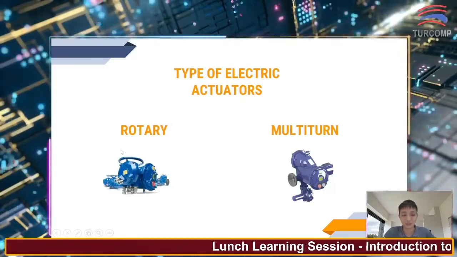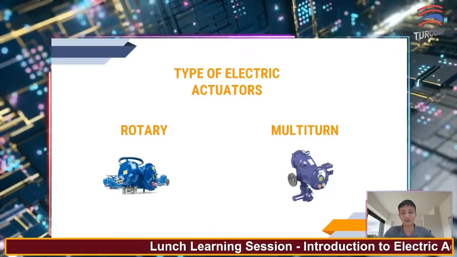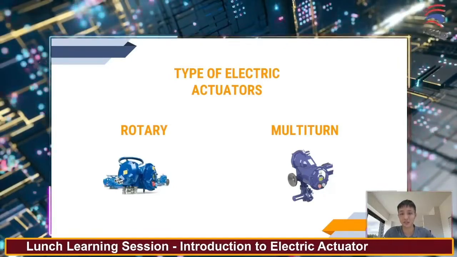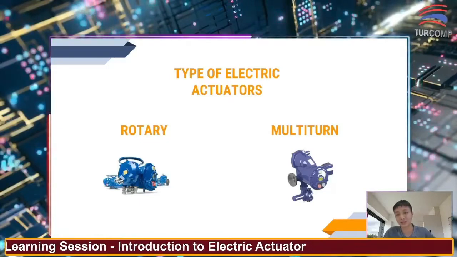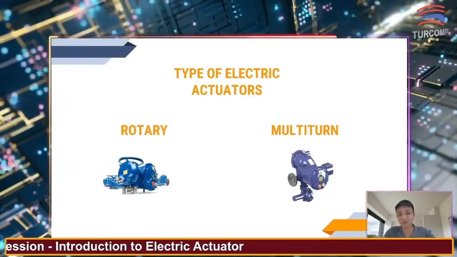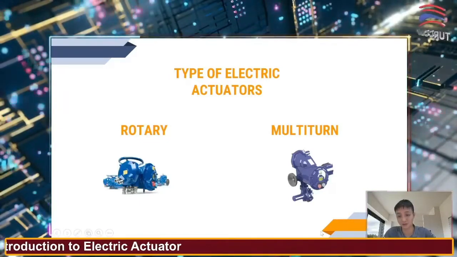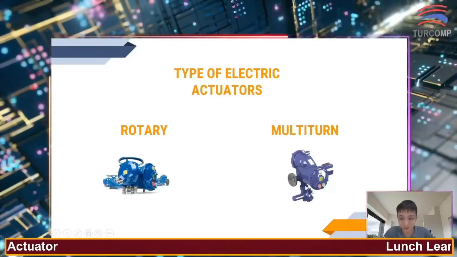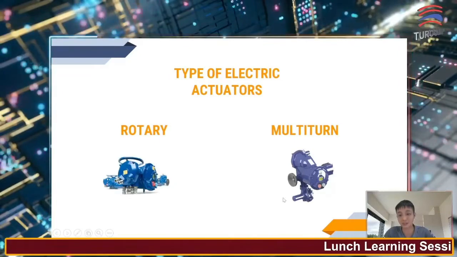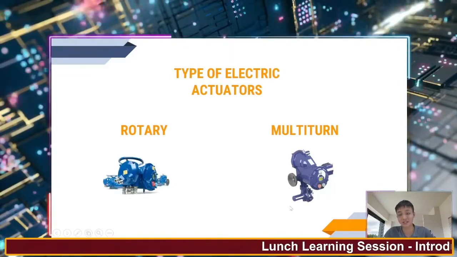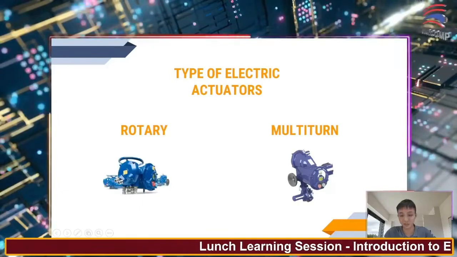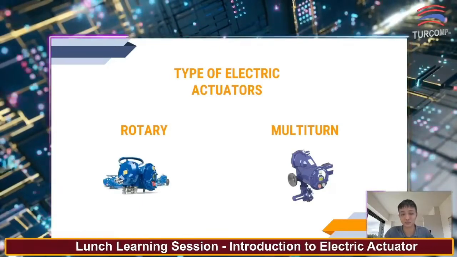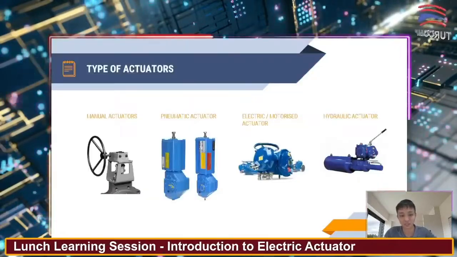But we have another option. Instead of using a large rotary electric actuator, we can opt to use a multi-turn. How does that work? Do you see this part on the bottom of the multi-turn actuator? It's basically a gearbox, mounted similar to the manual actuator.